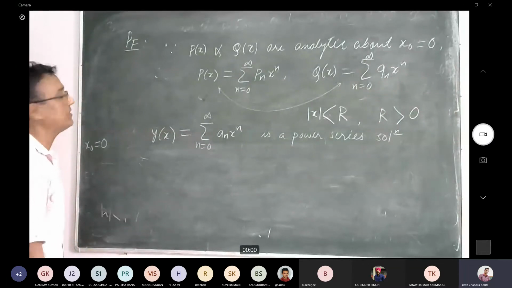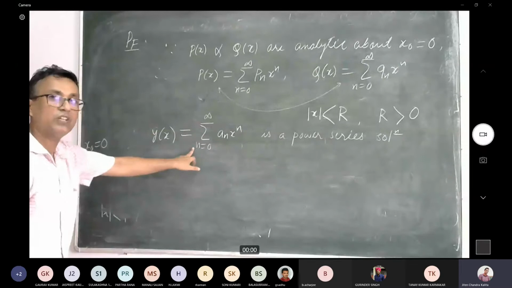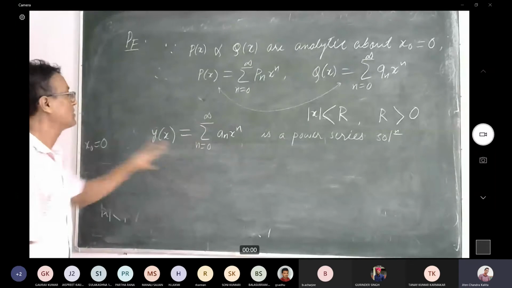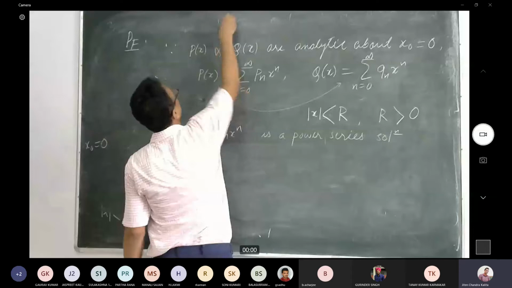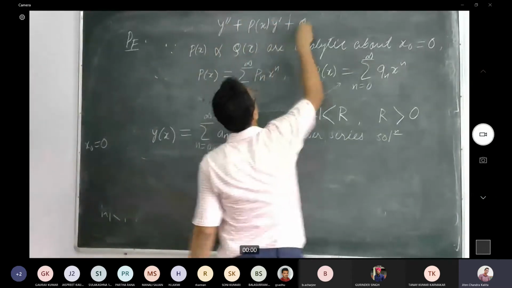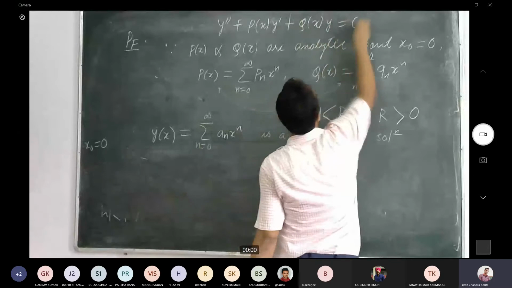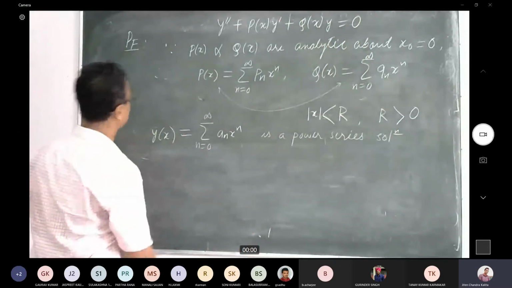Then what is going to happen? If I plug this into my given equation, it must satisfy it. My given equation is y double prime plus pxy prime plus qxy equal to 0. So I'll straightforwardly plug that in.